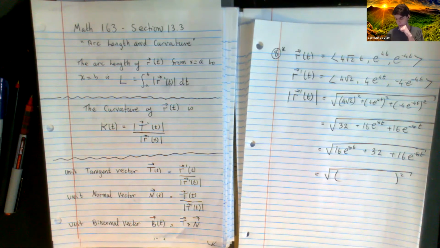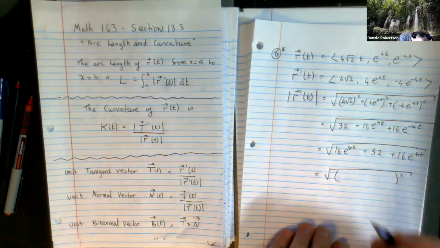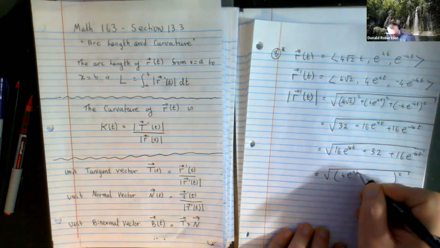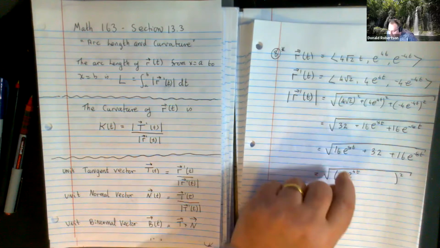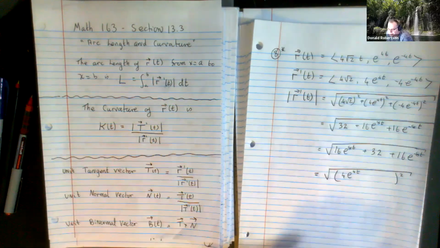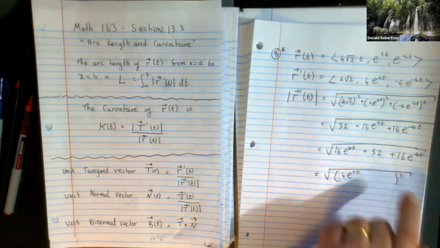Now, square root of this guy. 4e to the 4t. Are you happy about square root of 16 is 4 and half the power? Because the square root is basically half the power. Do we care about the number in the middle? No. We do the guy at the end.